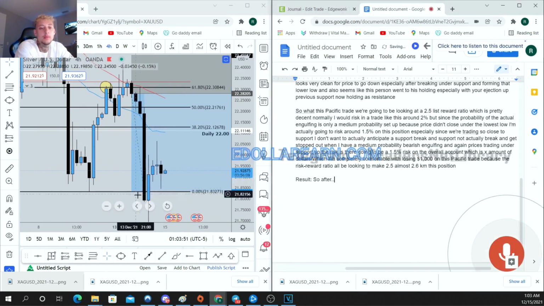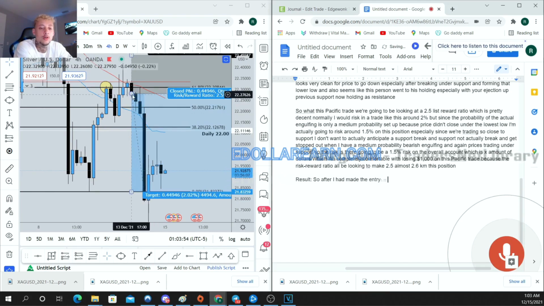So after I had made the entry on silver for a $1,000 risk, price pretty much went in my favor immediately, but it had a little rejection.